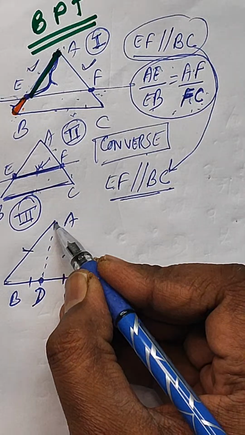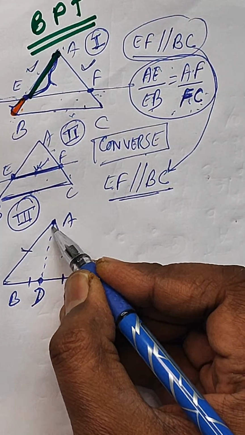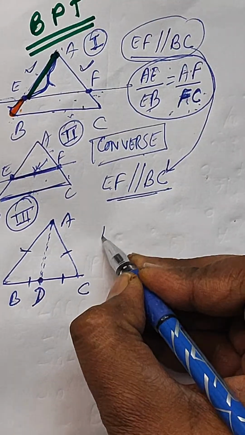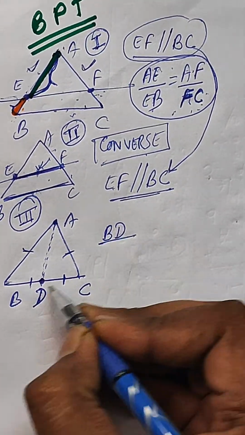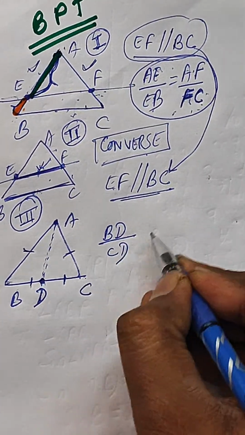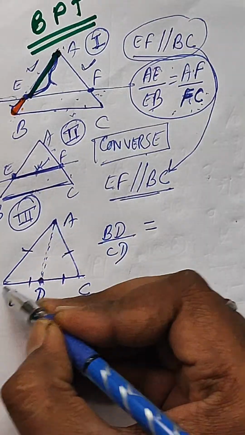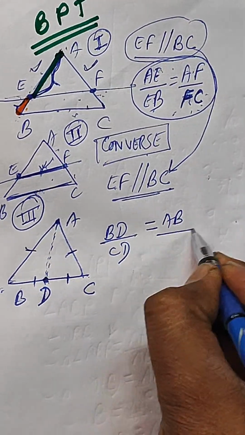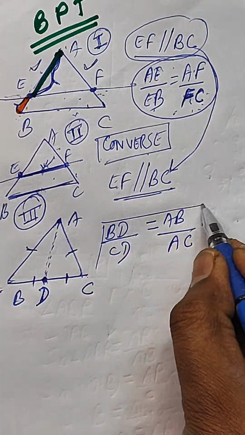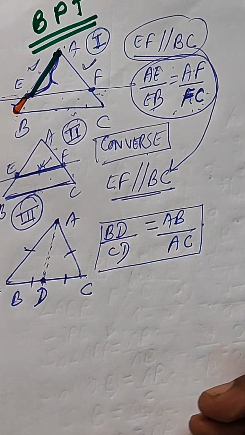The line coming from the vertex A is intersecting BC at D, and it's given that BD by DC, or CD, you can say, is equal to AB by AC.